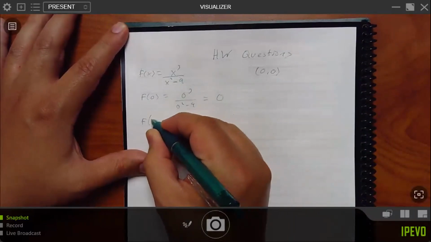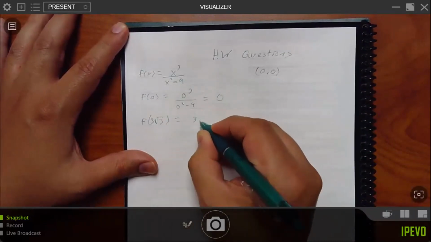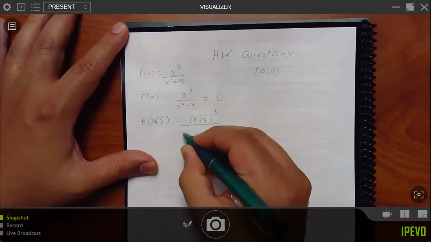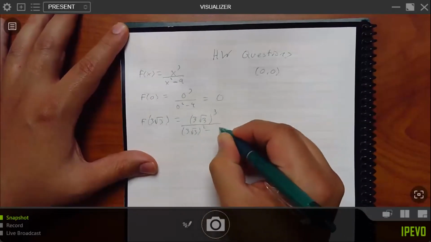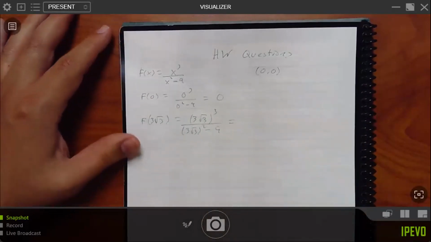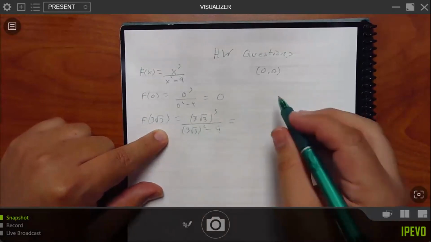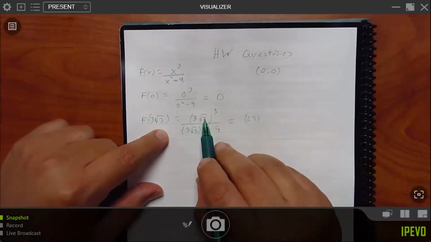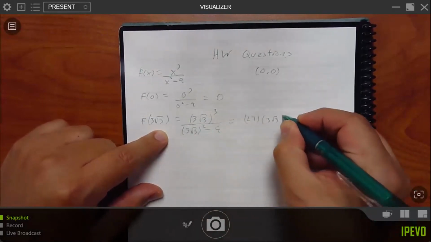3 square root 3. You get 3 square root 3 cubed over. Oh, you're supposed to plug it in. That's how you get the Y. Okay. Yeah, that's it. So with this one, that'll be what? 3 times 3 times 3. 27, right? Square root 3 times square root 3 is 3 times another one. That's 3 square root 3.